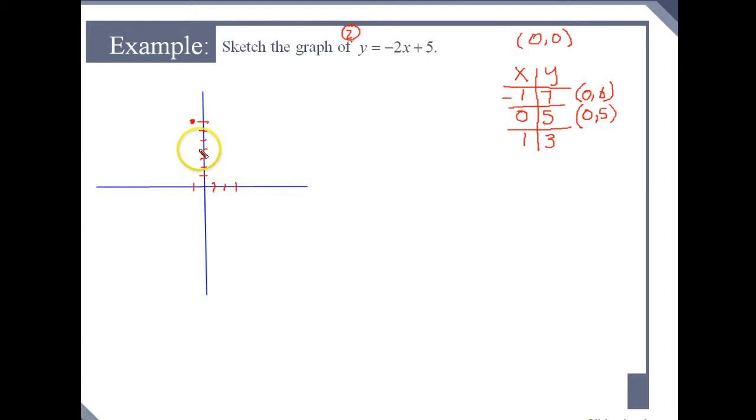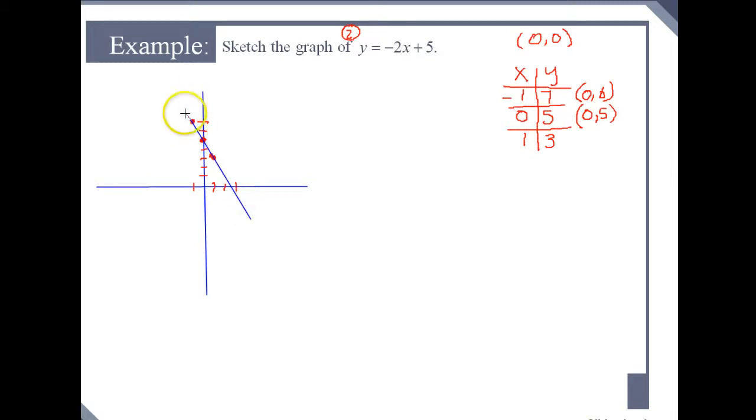So there's 0, going to go up to 5, which is right there. Then I'm going to do a 1 and a 3. So there's a 1 and there's a 3 right there. Now notice my points are in a straight line, and I have a line tool.